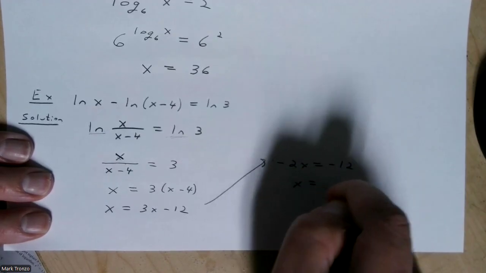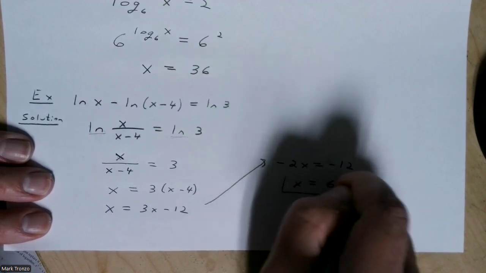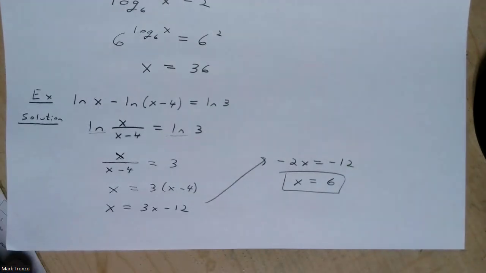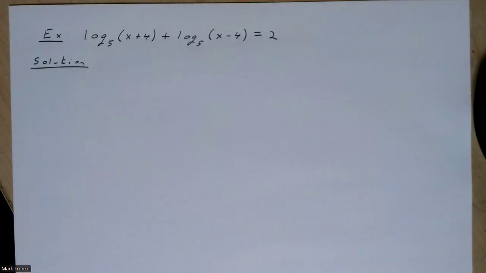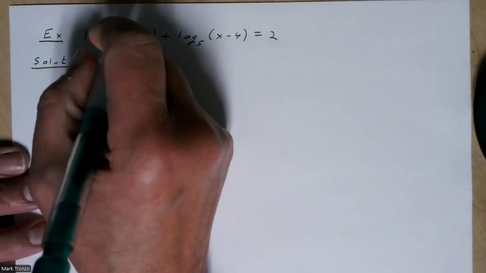When we divide by minus 2, we get 6. Let's keep going here. And let's take a look at this one. So again, we want to solve for x.